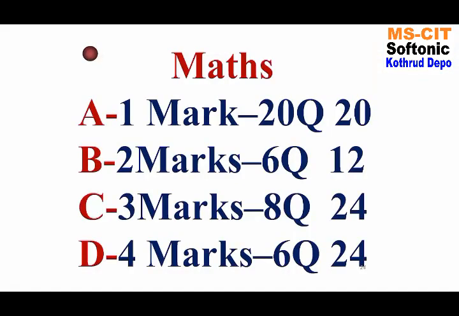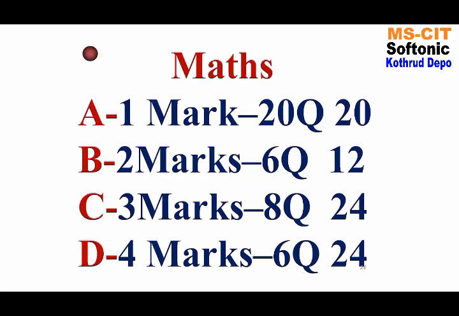Now maths. There are 4 sections. For 1 mark, 20 questions will be there, total 20 marks. B section, 2 marks, 6 questions. C section, 3 marks, 8 questions, total 24, and D section, 4 marks, 6 questions, 24.